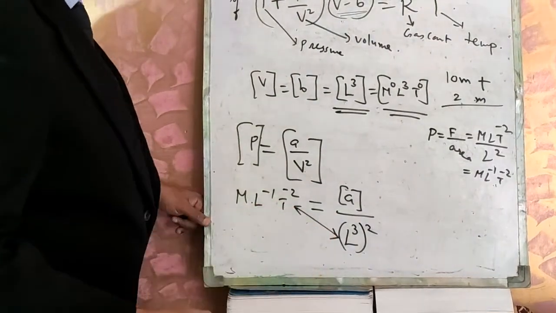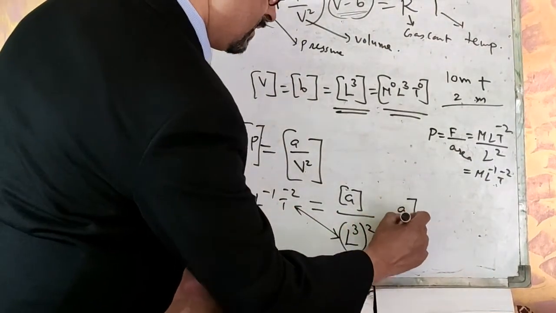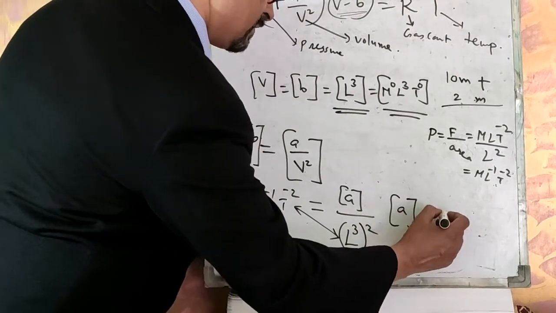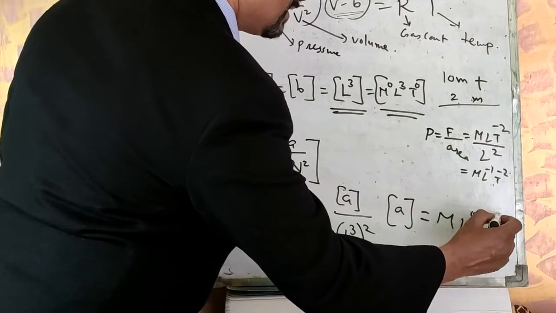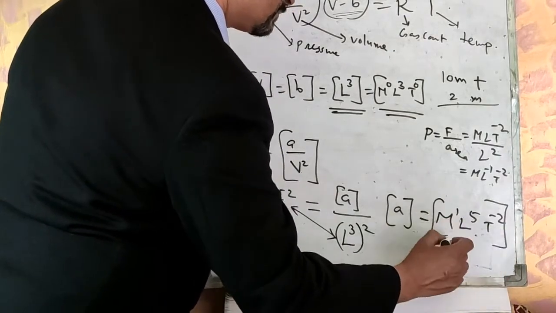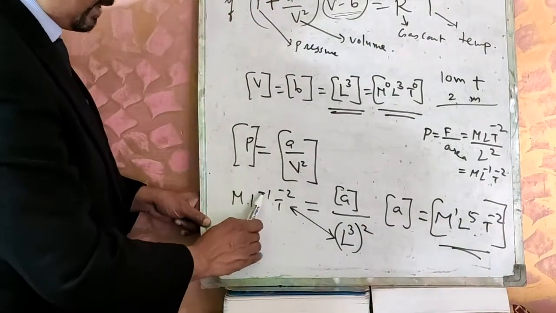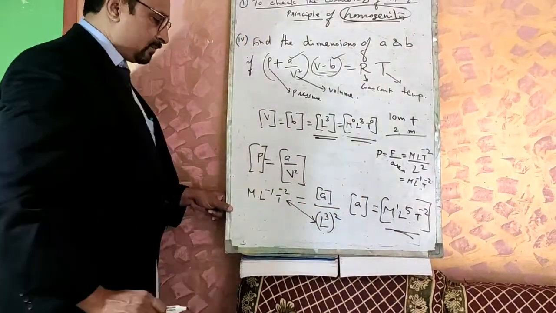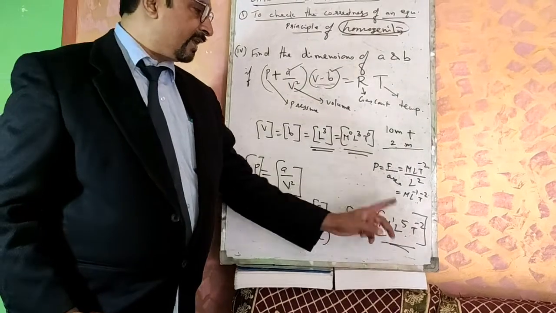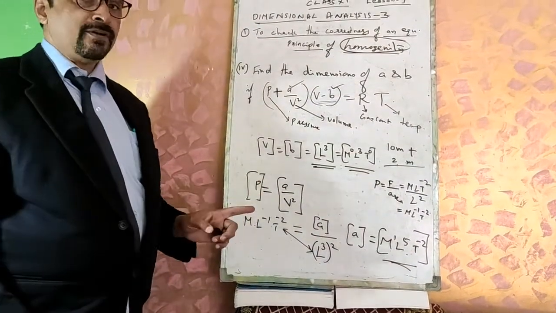Now you will get the answer. So the dimension for A is, if you do the cross multiplication, M L5 T minus 2. See, mass into length minus 1 into length 6, that is length 5, T minus 2. So this is the dimensional formula for A and the dimensional formula for B.